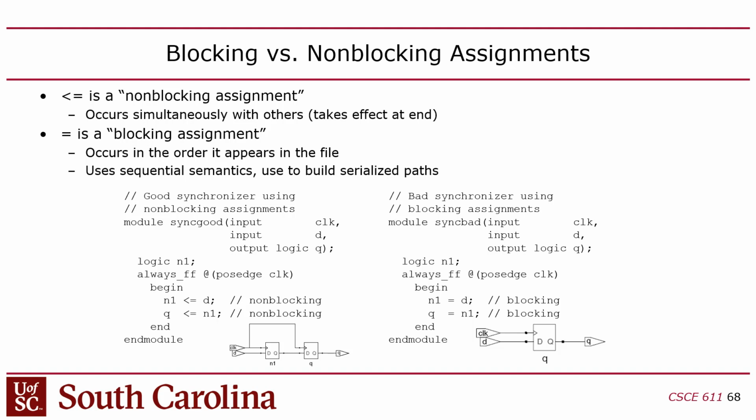It turns out that this will bite you even if you assign N1 in another always, possibly even in another file. It gets really complicated, because if I have 2 always blocks activated on the same edge, even in different files, they could interfere with each other through this blocking mechanism. So you can end up with a bug that's hard to track down. So you should try to stick to the convention, okay?